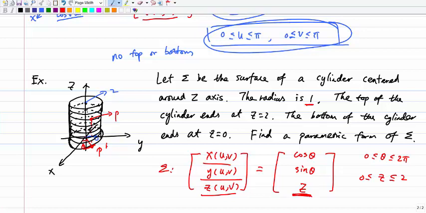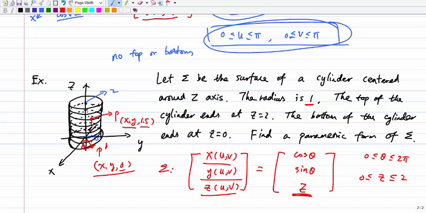This point p prime and p have the same x, y. So this is a point x, y, 0. The only difference is the z value, but the x, y value is the same if we project down to the xy plane. So let's compute this point p prime, because it's already in the xy domain.